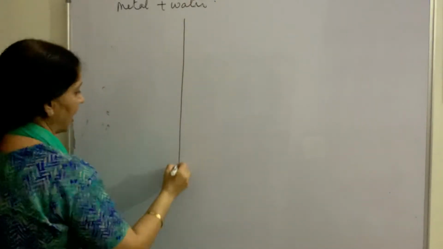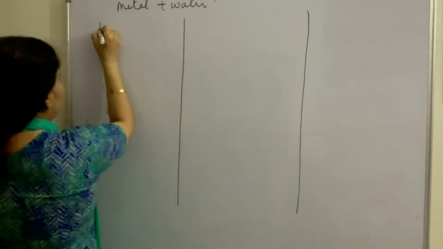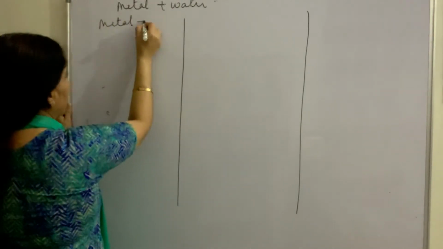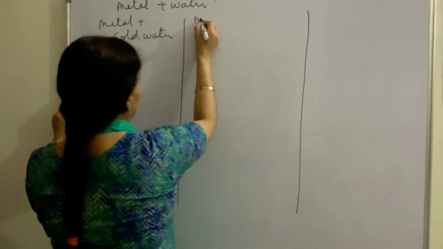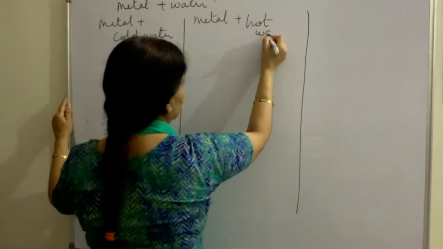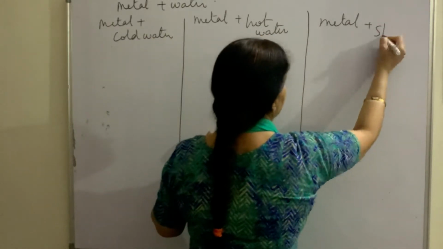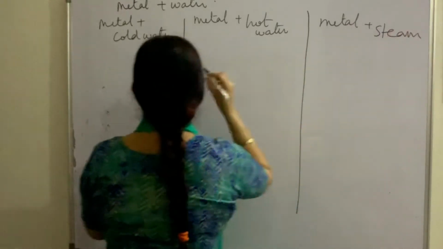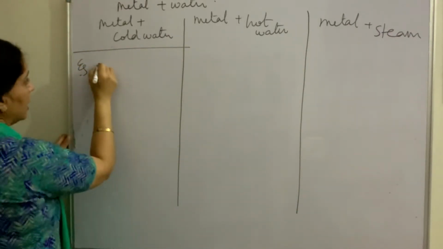This property we have to see in 3 columns. That is metal plus cold water, metal plus hot water and metal plus steam.